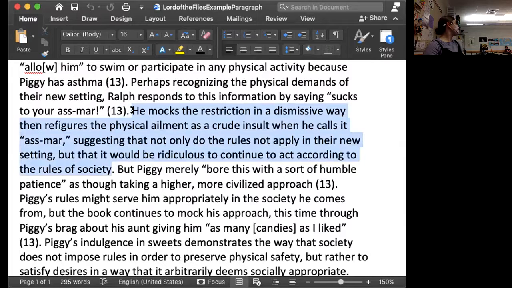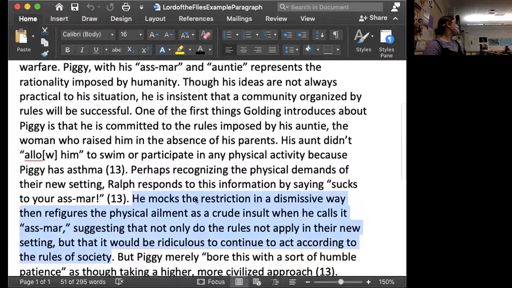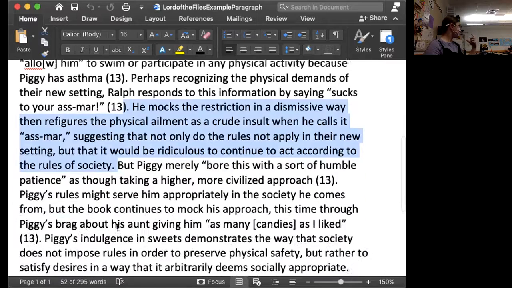So in this section, I am trying to explain this idea of society being rational by using this quote, "sucks to your Asmar," and then breaking it down and saying how it helps to prove my topic sentence.